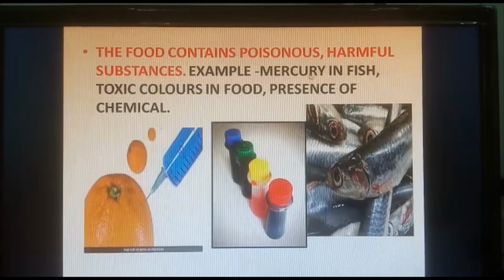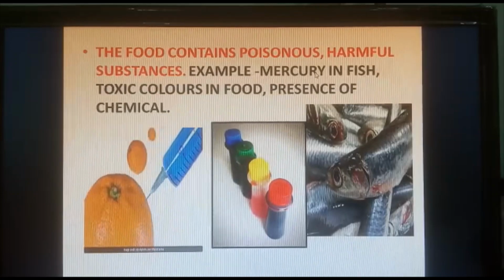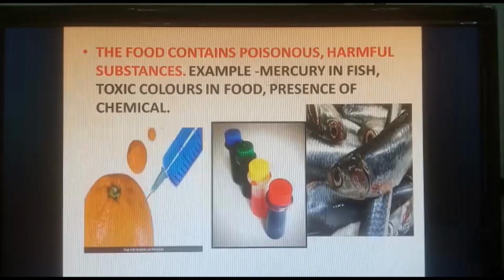Mercury, we know, is a heavy toxic metal which is present in the effluent of chemical factories. So in fish, mercury can be present, which is a very harmful toxic metal, which can affect our central nervous system.